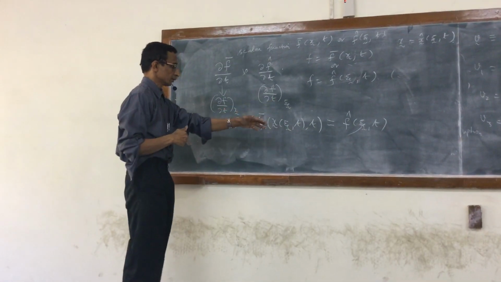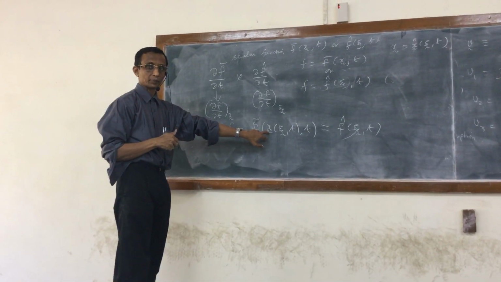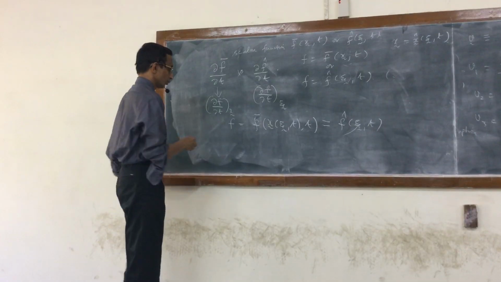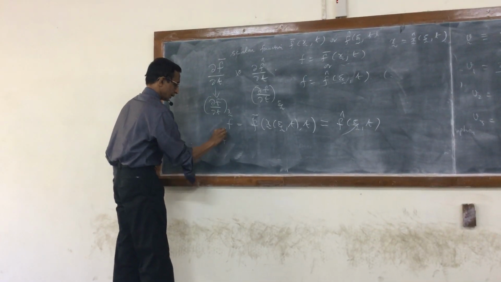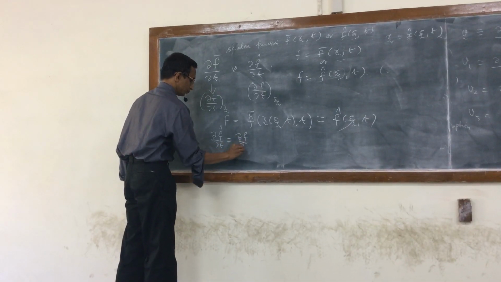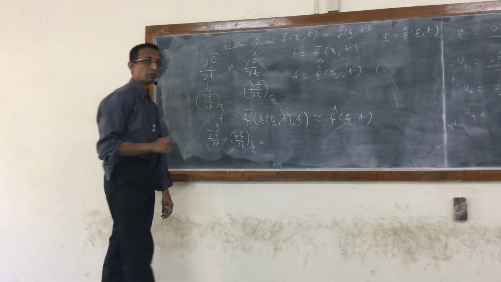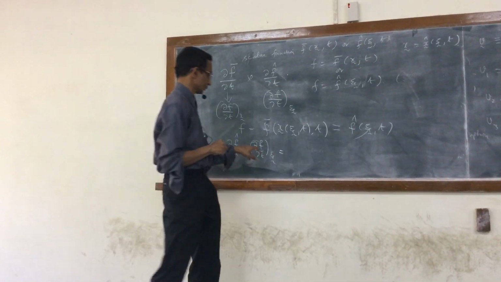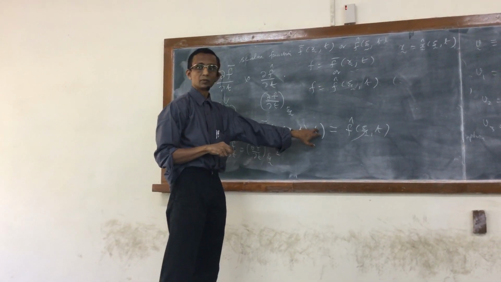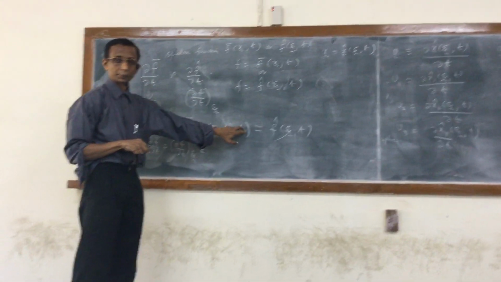So clearly, now there are three variables here. That is something which you should keep in mind. So when I write df by dt, I'll get four terms actually, because this is a derivative with respect to time. So I'll get a term arising out of the derivative with respect to time here.